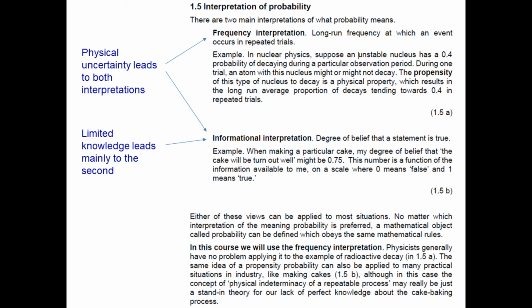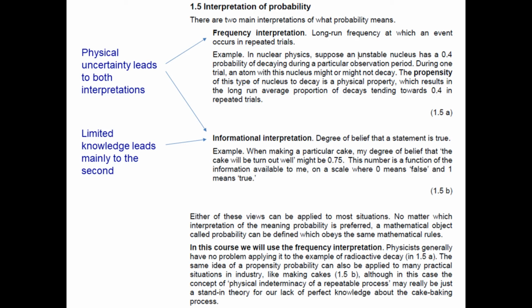The frequency interpretation is that probability is the long-run frequency with which an event occurs in repeated trials. So, for example, in nuclear physics, we could imagine an unstable nucleus has a 0.4 probability of decaying during a particular observation period.